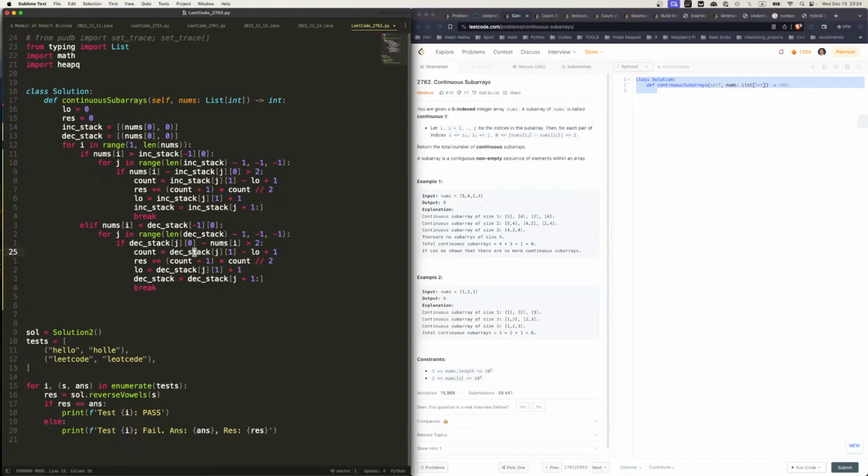And we will handle it. If it's too small, then we'll also pop, right? It's smaller than the smallest. So for the increasing, it will pop everybody else.